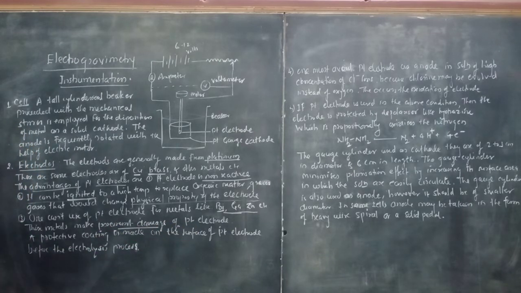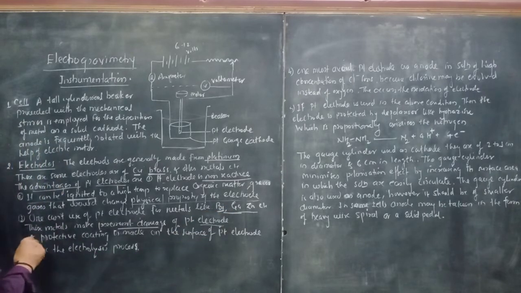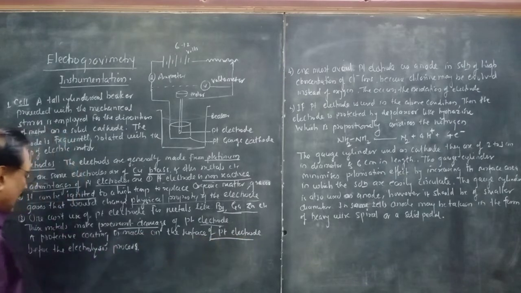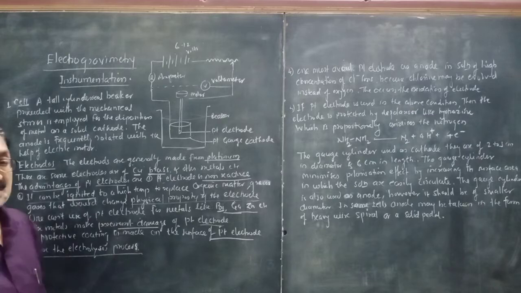The platinum electrode is damaged by some of the other metals, so a protective coating is made on the surface of the platinum electrode before the electrolysis process is carried out.